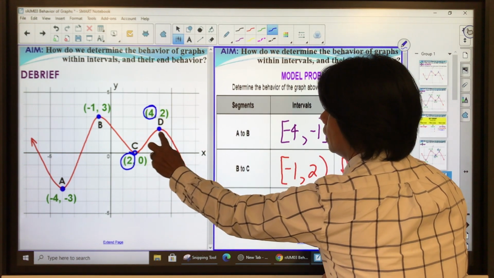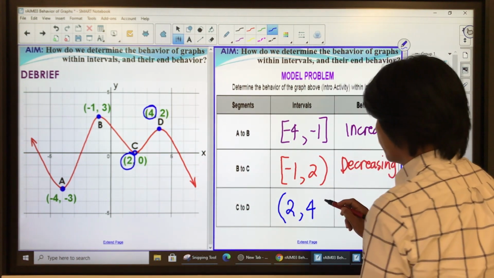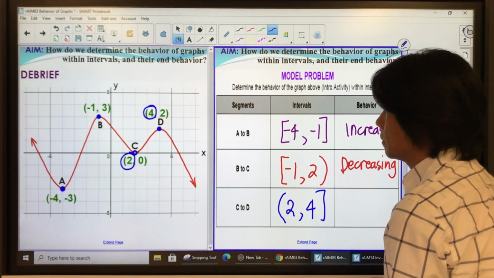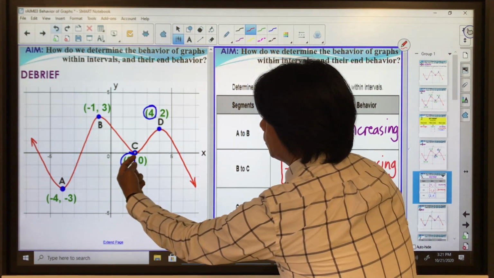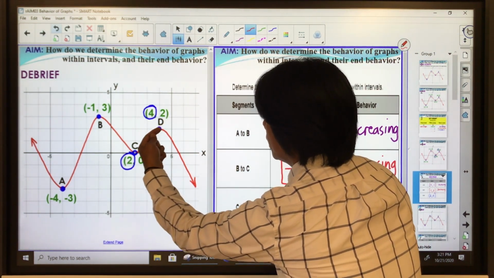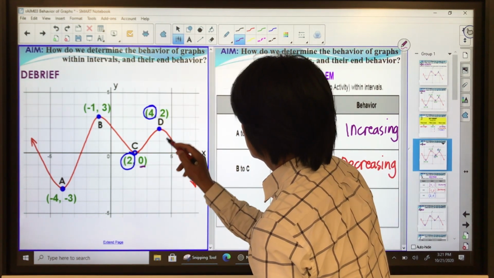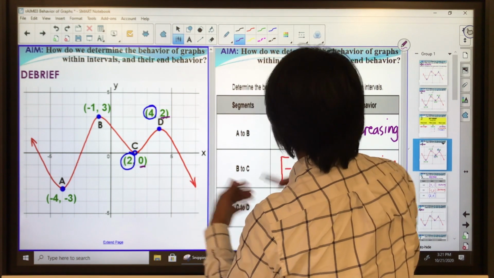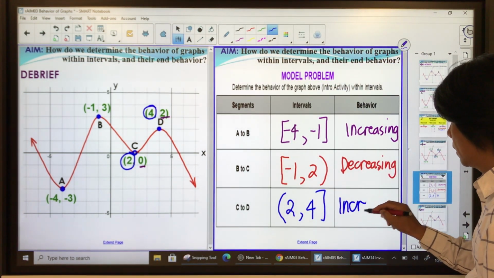And D is a closed circle. That means that point is included. So I'm going to use a bracket. So what is the behavior of the graph? If you follow the graph, from C to D, it's increasing, right? And also, on the y values, 0 to +2, that's increasing as well. So we're going to write down increasing here.